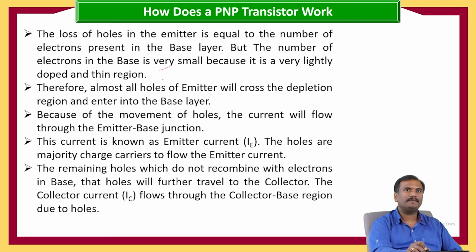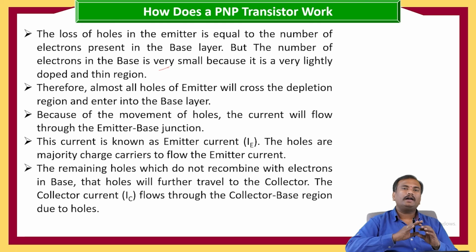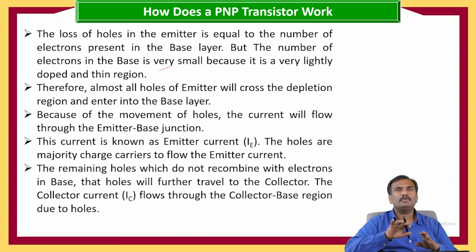Therefore, because very few electrons are there, very few electron-hole pairs are created, and whatever the remaining holes are, that is nothing but almost all the holes will move towards the emitter-base junction, sorry, base to emitter junction.